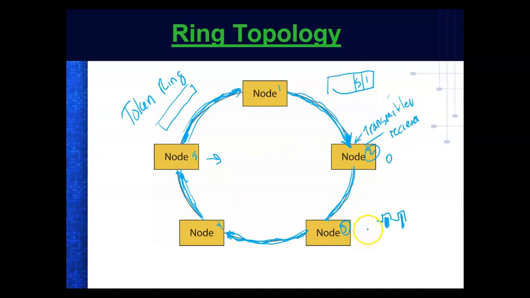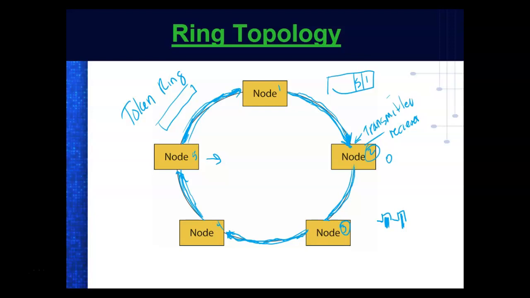So with a token ring, the only node that can put information on the ring is the node that holds the token. So what this means is that on a token ring network, there can be no collisions. By the way, even bus topologies have accepted this token passing technique to prevent collision.